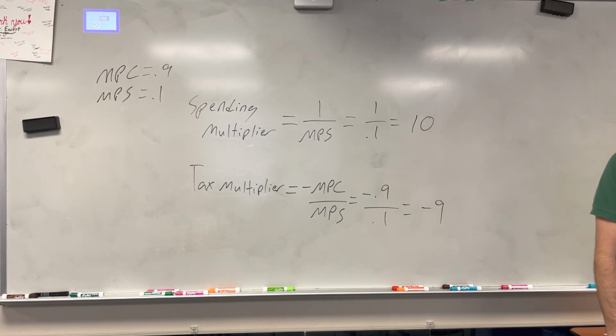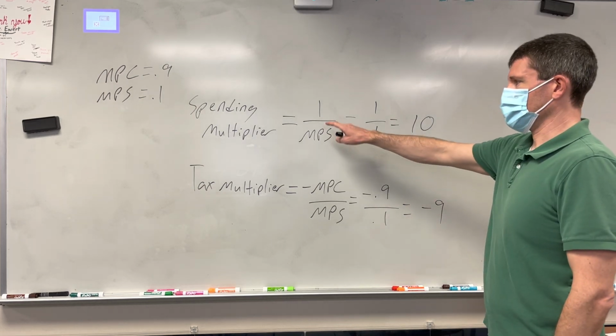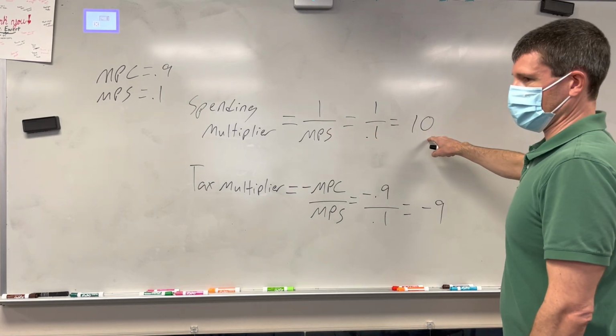And the way we use these is, you see a problem that says something like, the government increases spending by $1 billion. What will be the overall change in aggregate demand, GDP? What are we going to use, the spending multiplier or the tax multiplier? The spending multiplier, which we already figured out is 10.